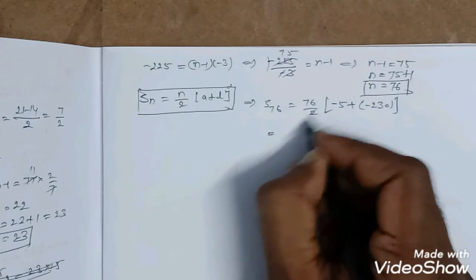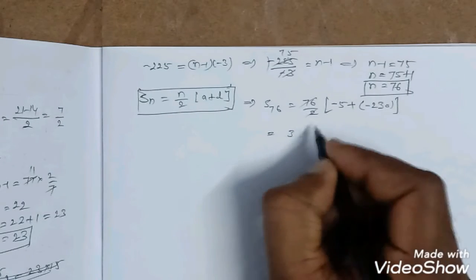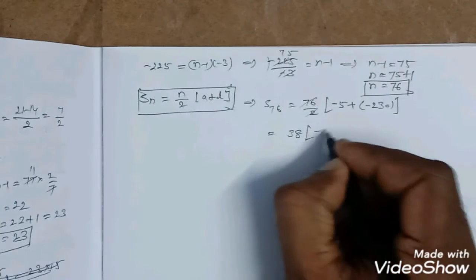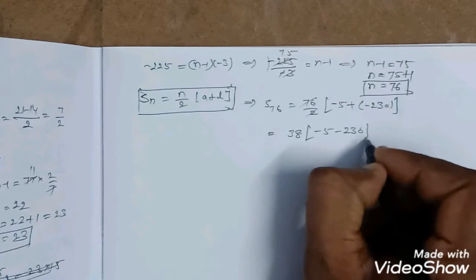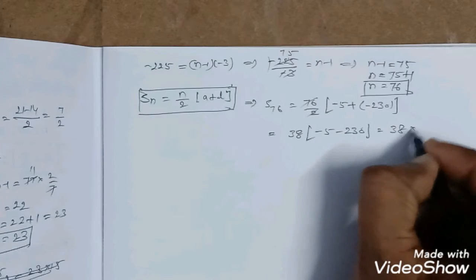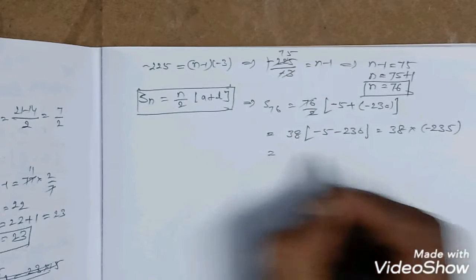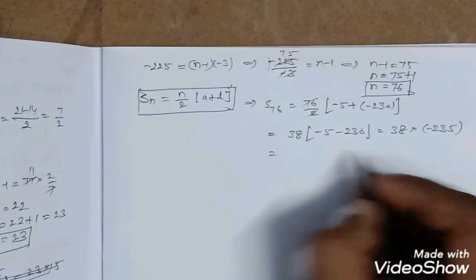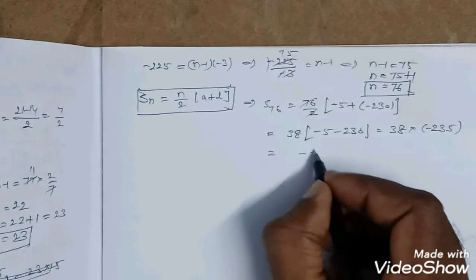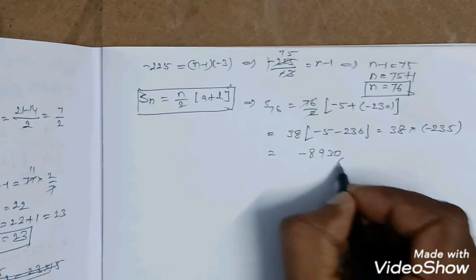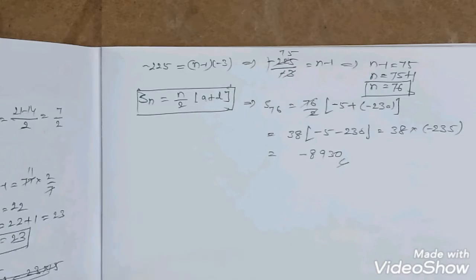Now here cancel these two, you will get 38 into minus 5 minus 230. Now you will get 38 into minus 235. Now multiply these two. So after multiplication you will get here minus 8930 is your answer.